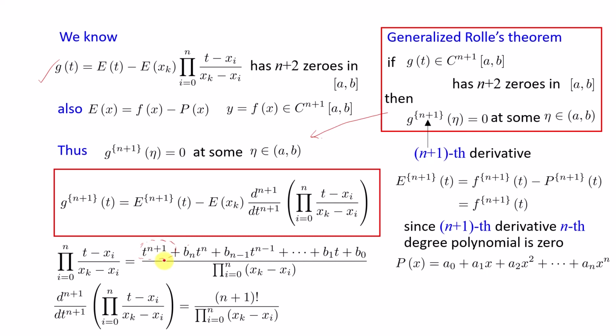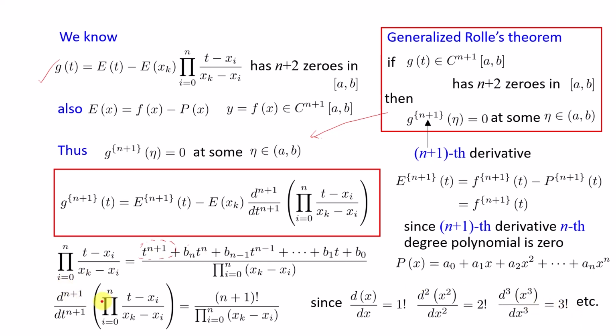So what would be this t^(n+1) if I take the n plus 1th derivative of that? That would be n plus 1 factorial. You can ask why. For instance, if I take the first derivative of x, that gives me factorial of 1. If I take the second derivative of x squared, that gives me factorial of 2. If I take the third derivative of x cubed, it gives me 2 into 3, that is factorial of 3.